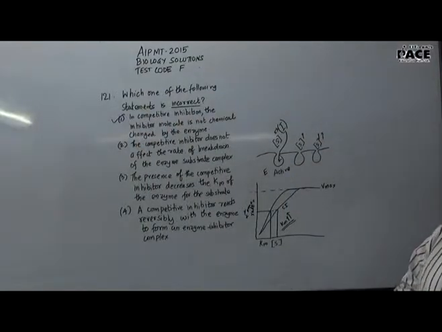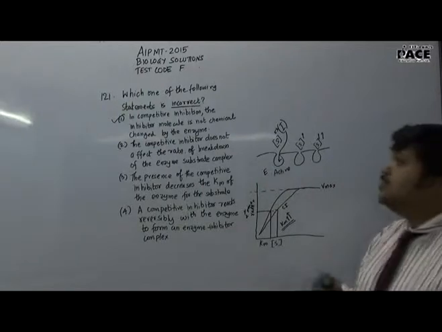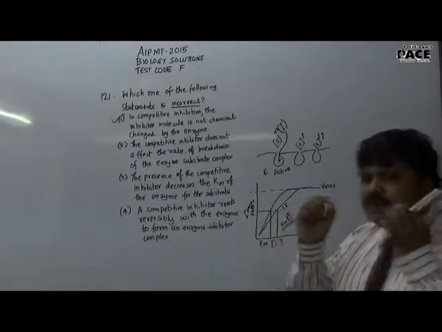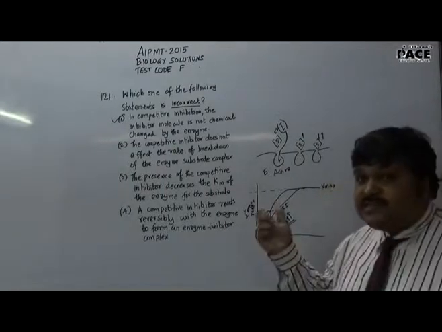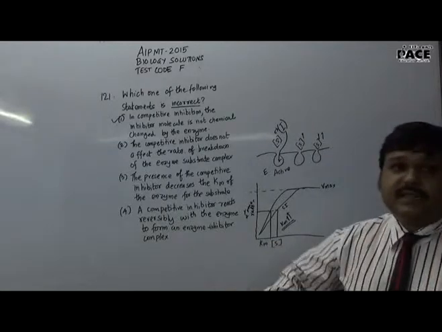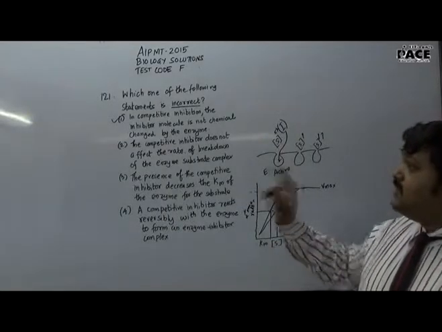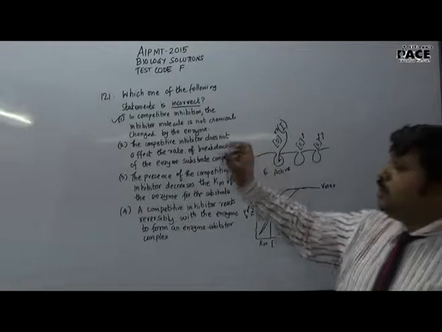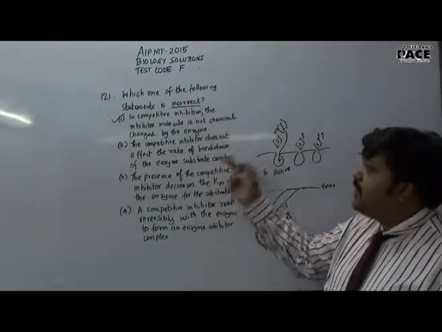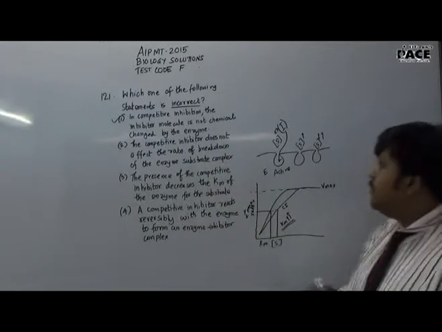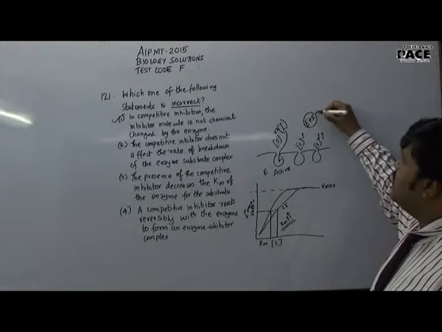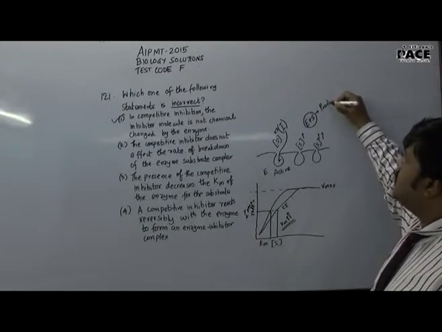The next one is: competitive inhibitor does not affect the rate of breakdown of enzyme substrate complex. Now, if you realize, this statement is a tricky statement. A competitive inhibitor affects the rate of reaction, that is correct. But does it affect the rate of breakdown of enzyme substrate complex? Whatever enzyme and substrate combined together, they will form the product.